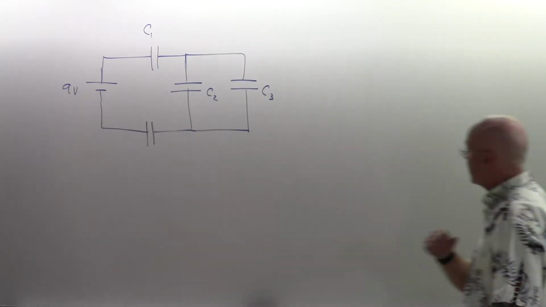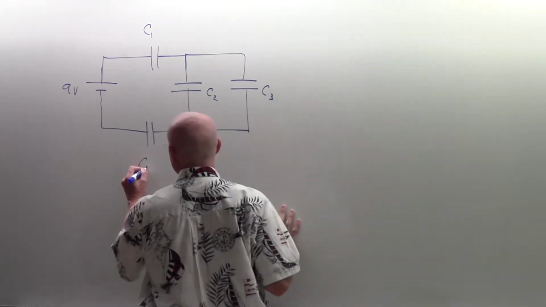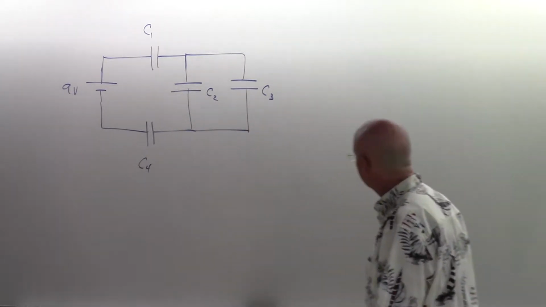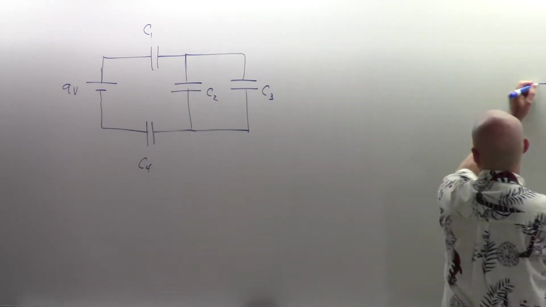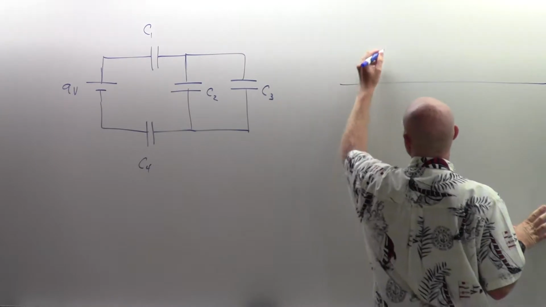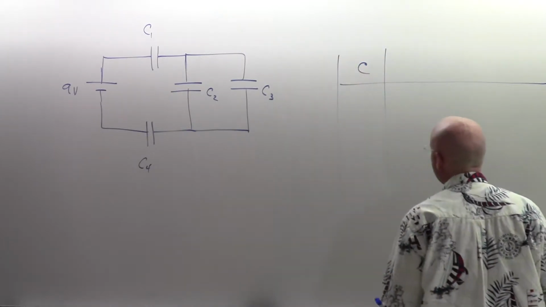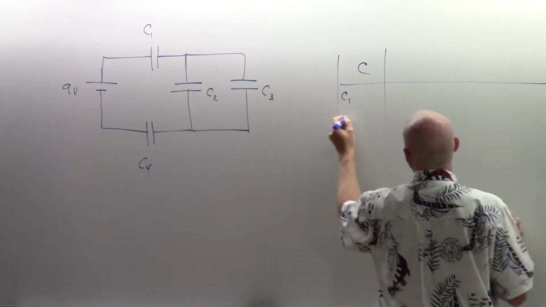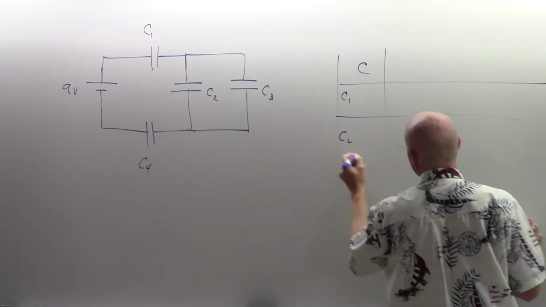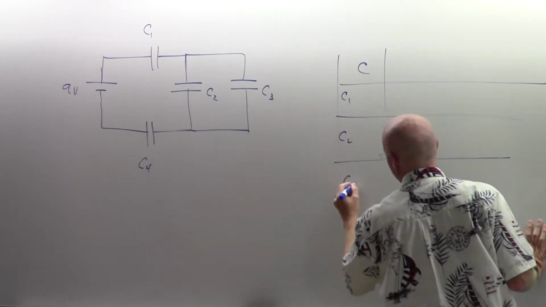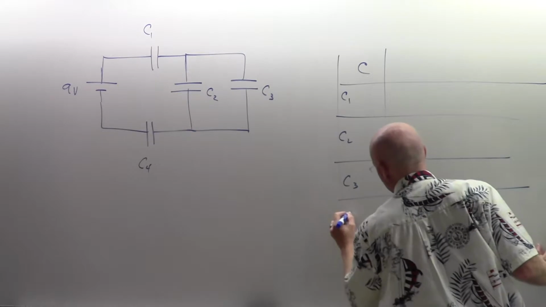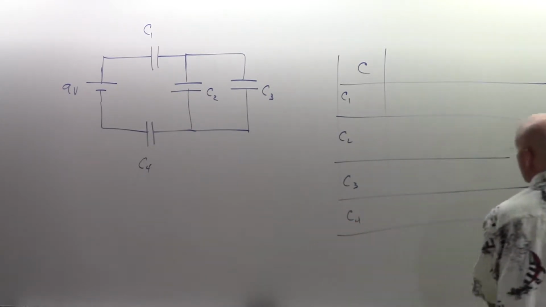So let's use this circuit. Here's a circuit that has 4 capacitors in it. If I make a little chart here that says, okay, C4 capacitors, I'll put number 1, number 2, number 3, number 4.